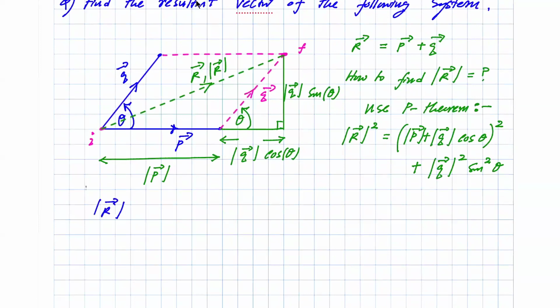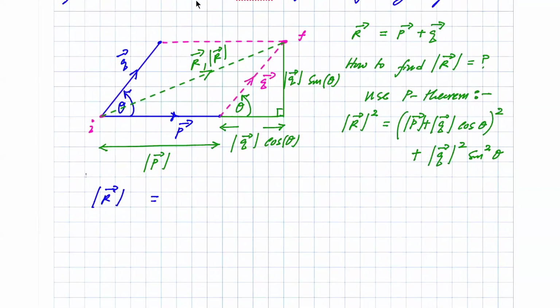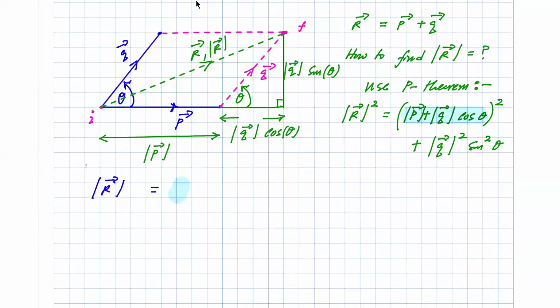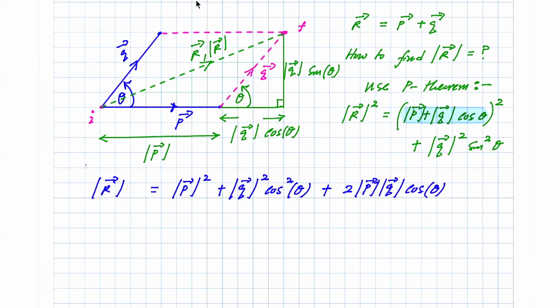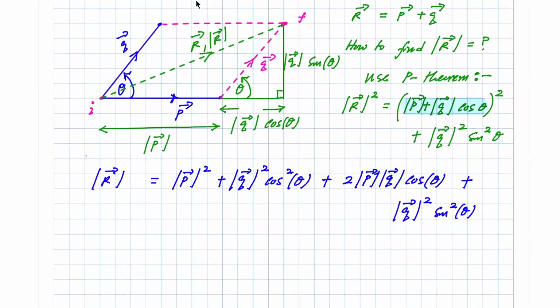When you simplify this bracket, it would be P vector magnitude squared plus Q vector magnitude squared cos squared theta plus 2 P vector magnitude Q vector magnitude cosine theta, that's grade 7 expansion, plus Q vector magnitude squared sine squared theta.